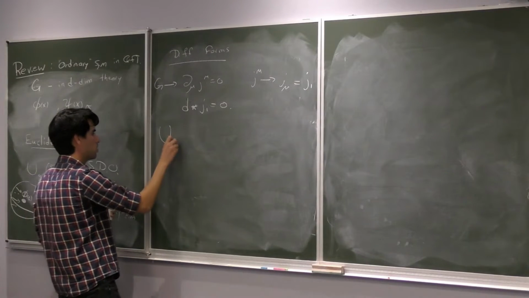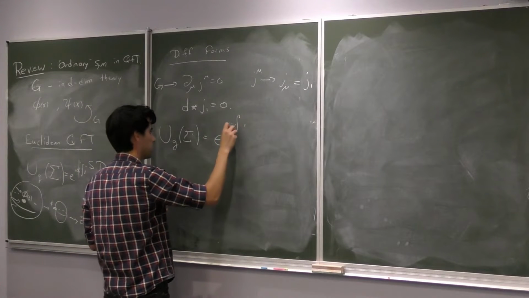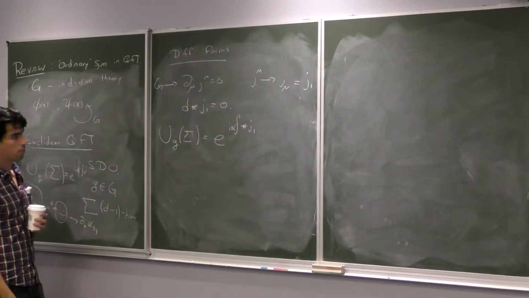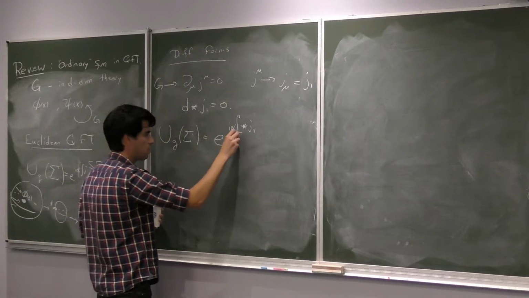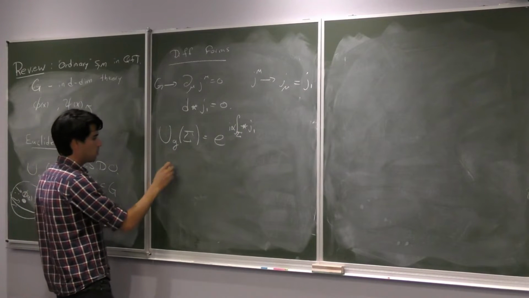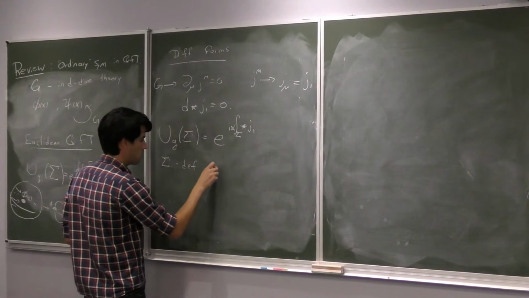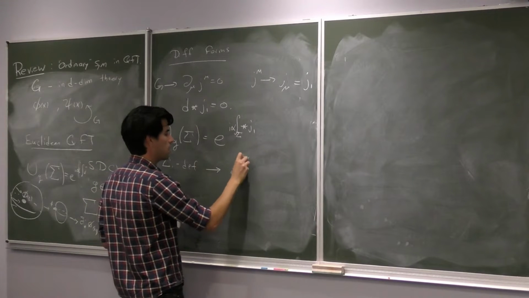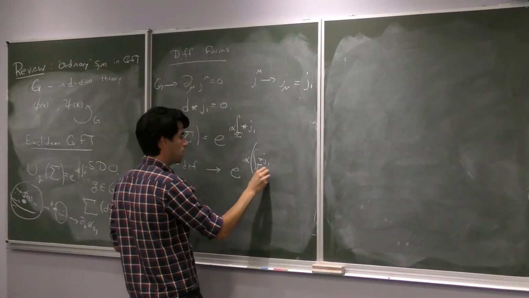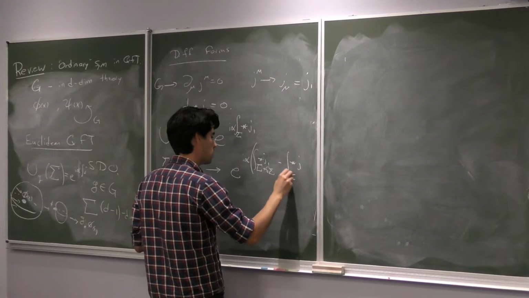And then U_G of sigma is literally just written as e^{i alpha integral of star J_1}, because star J_1 is a d-1 form. So you integrate it over a d-1 dimensional manifold sigma. And then you could show this is topological by looking at a sigma deformation, which you end up finding is e^{i alpha} of star J_1 on sigma plus delta sigma minus star J_1 on sigma.